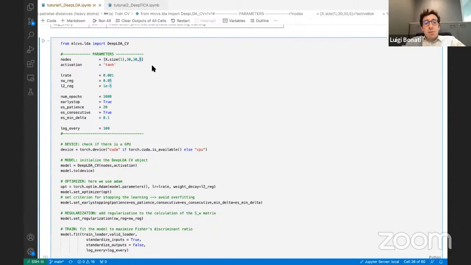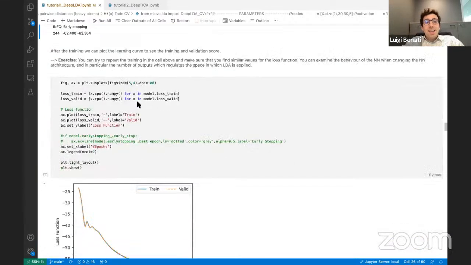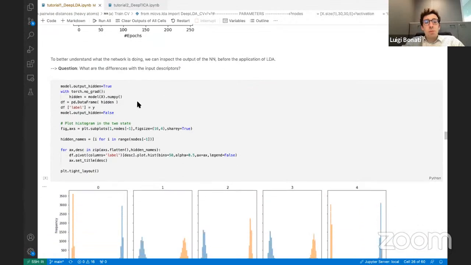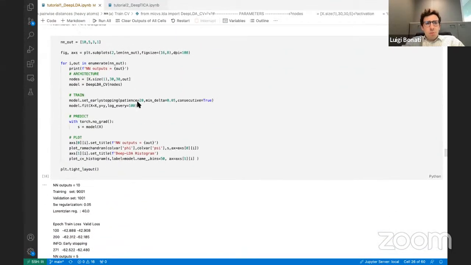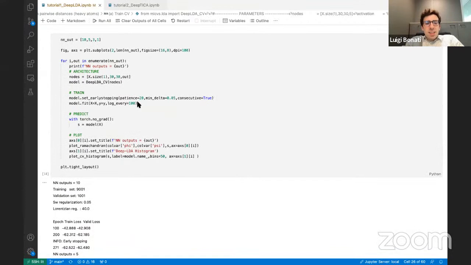The reason for choosing 5 is actually very arbitrary, because we are employing a neural network to perform a nonlinear change of the input space, and we are always changing it so as to maximize the LDA score.